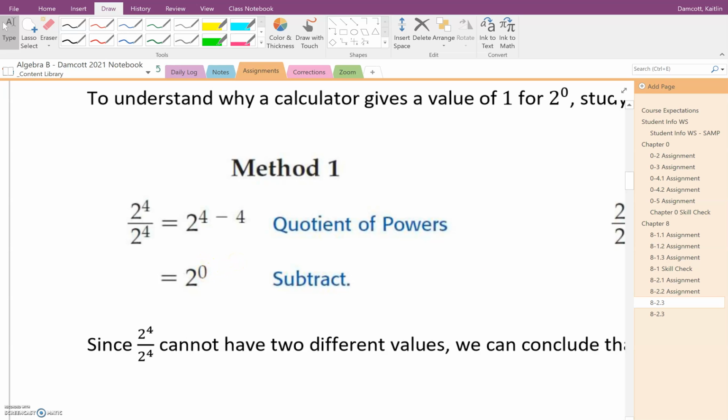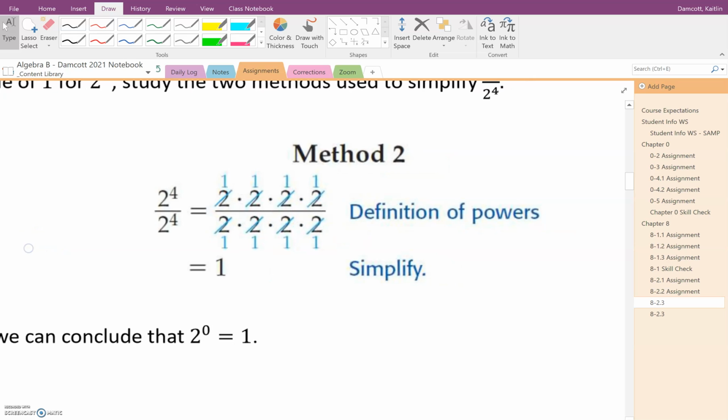Okay, now we're going to examine method 2. So they're using the definition of powers and saying, okay, if we have 2 to the 4th, that means we have 4 factors of 2, so 1, 2, 3, 4, and then same idea on the bottom. Now, we know that if you have something on the top of a fraction and on the bottom, they cancel out.